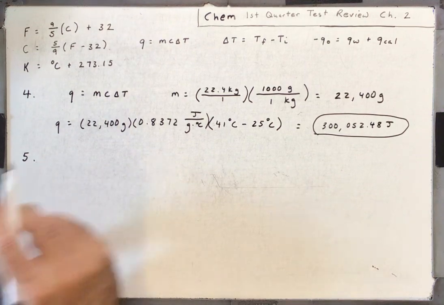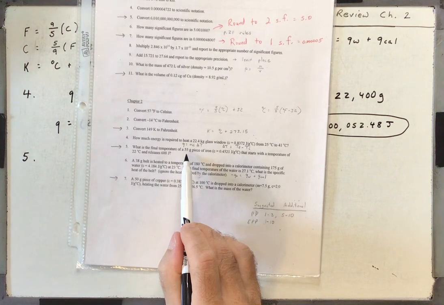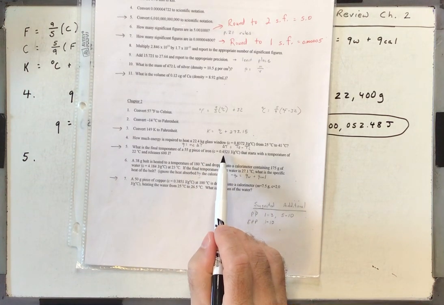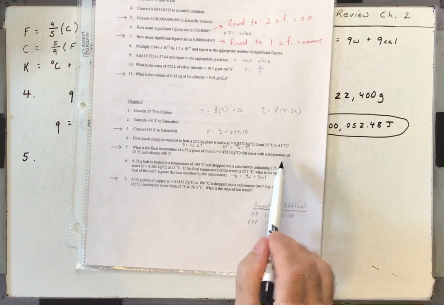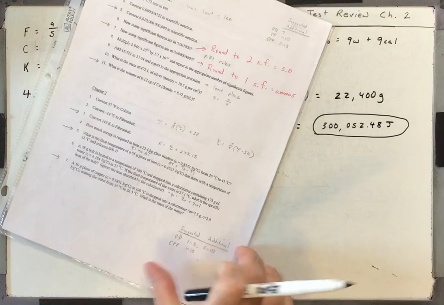Number 5. So there we have, what is the final temperature of a 55-gram piece of iron? And it gives the specific heat. That starts with a temperature of 22 degrees C and releases 600 joules.